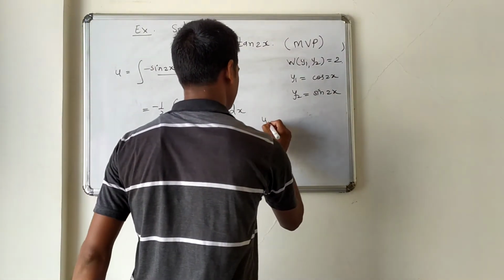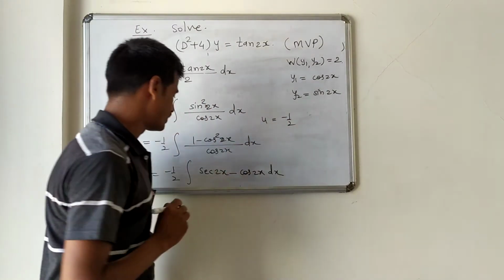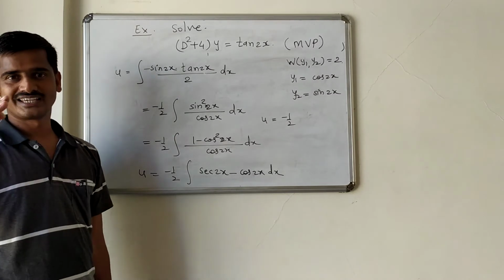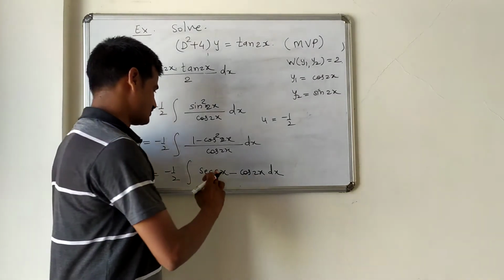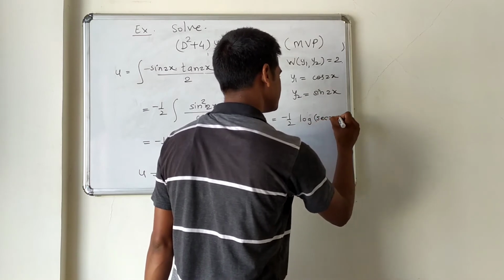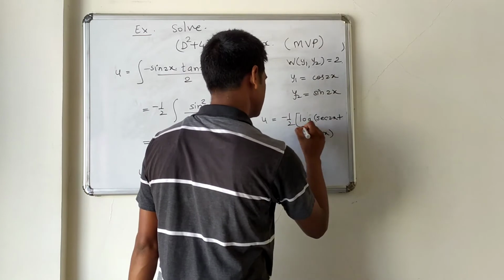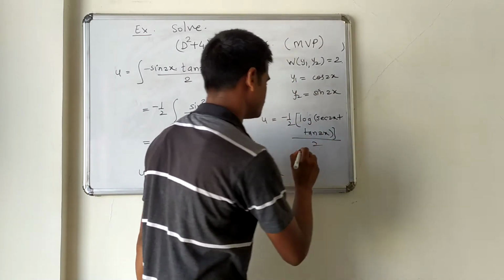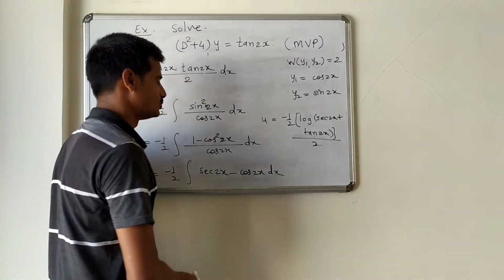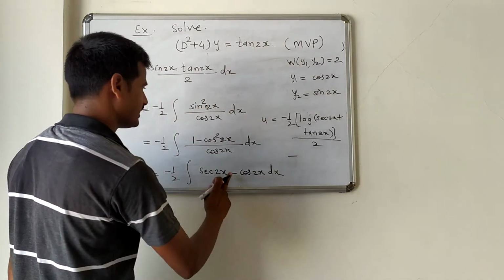So let us proceed further. So what is u then? Minus 1 by 2. What is integration of sec x? It is log of sec x plus tan x. So here log of sec 2x plus tan 2x divided by 2. Okay, we differentiate 2x and divide by 2. Plus, minus minus plus.